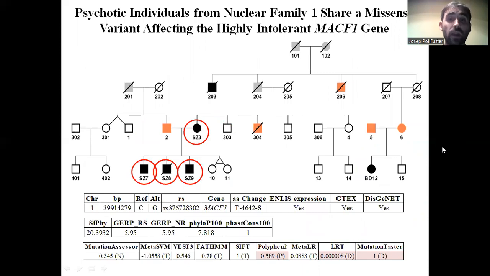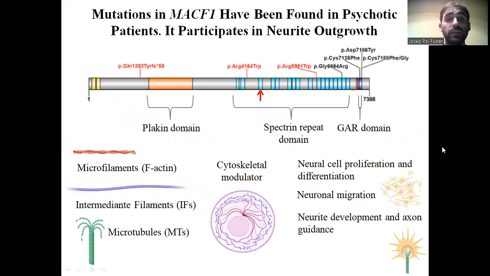In the first nuclear family, we were able to identify a rare missense variant affecting the MACF1 gene, which is a very interesting gene which plays an important role modulating the cytoskeleton, and which plays a role in neural cell proliferation and differentiation, neuronal migration, neurite development, and axon guidance. Interestingly, there have been previous reports of rare variants affecting this gene in older psychotic patients.